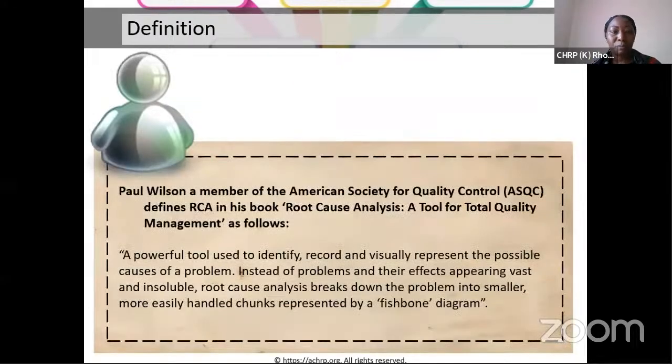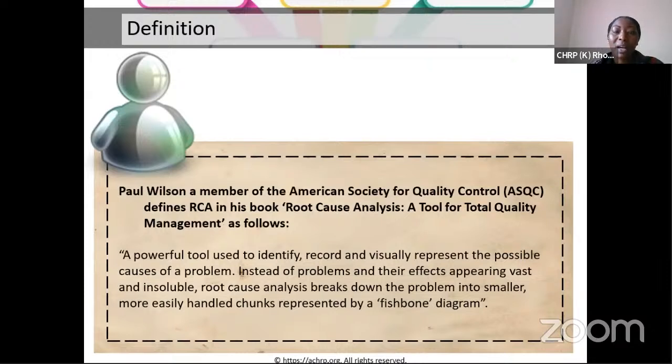So Paul Wilson is a member of the American Society for Quality Control, the ASQC, and he has defined root cause analysis in their book, which you can Google and download, as a powerful tool that is used to identify.